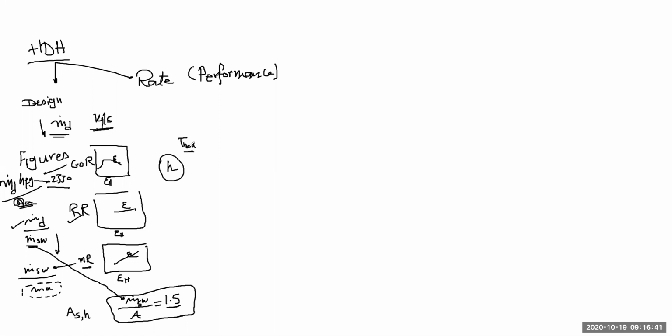If the maximum temperature of the system is different, then we have to provide you with the figures that are suitable for that. Then you calculate the height of the humidifier. Then there's another equation based on the overall heat transfer coefficient, which is given to you. You can calculate the surface area for the dehumidifier, whether it is based on water heating or air heating, and then you can get the value.